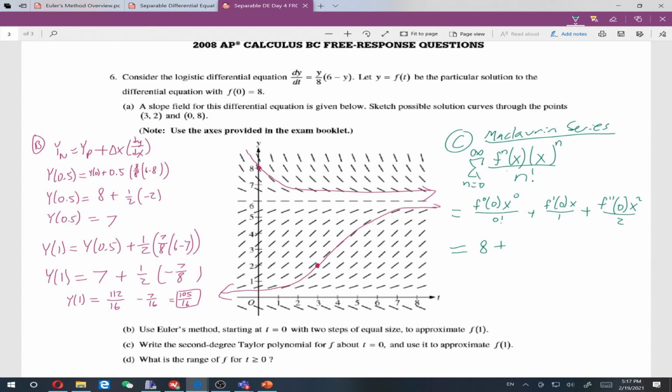When x is 0, what is y? Y is 8. Okay, so we need to plug in y equals 8 into that derivative, and we should get a number. Negative 2. Negative 2. Okay, so I'm going to change this plus and just subtract. So this is minus 2x to the first power over 1, is minus 2x.